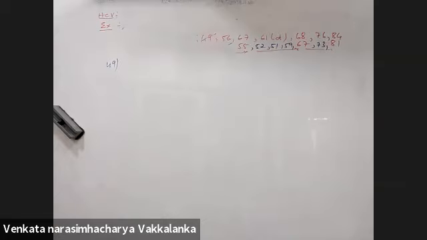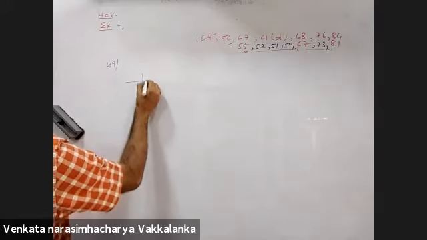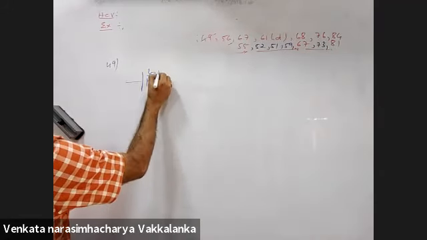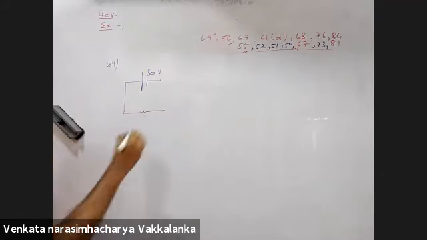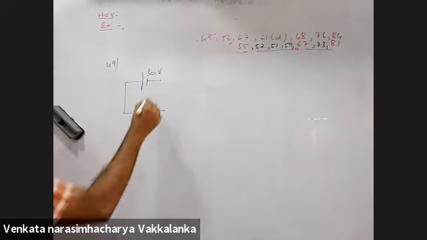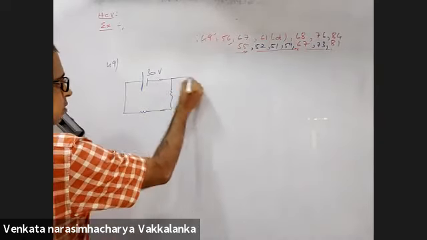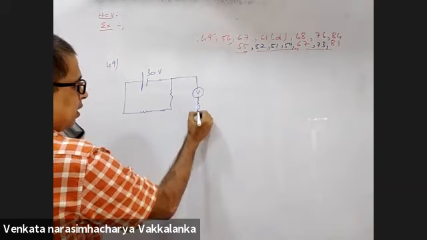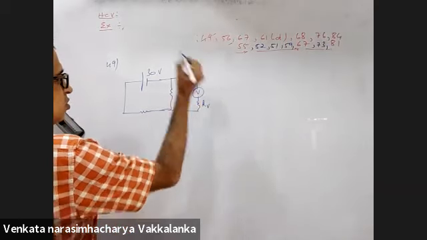The voltmeter reading shown in the figure reads 18 volts. Where is the voltmeter? Across the 50 ohm resistance. Find the resistance of the voltmeter. Listen, I have a 30 volt battery here. I have some resistance here, the voltmeter, and some resistance of the voltmeter.